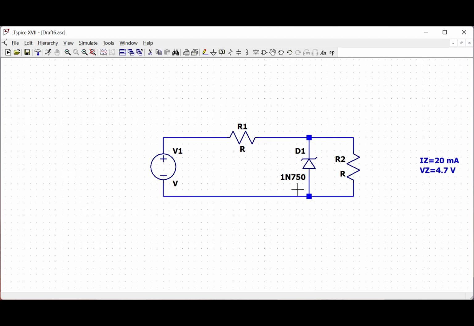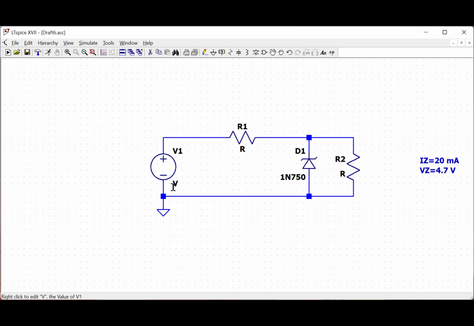So as a voltage regulator, we have an input voltage here, then a certain drop on this resistor, and then the Zener diode will fix the voltage across the resistor R2, which can be seen as a load. Of course, for the simulator to work, I need the ground connection to be placed somewhere, and as usual, I will connect the ground to the negative connector of the voltage source.